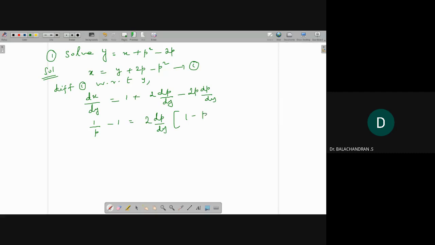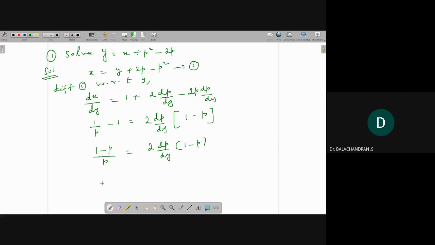So 1 minus p divided by p equals 2 into dp by dy into (1 minus p).